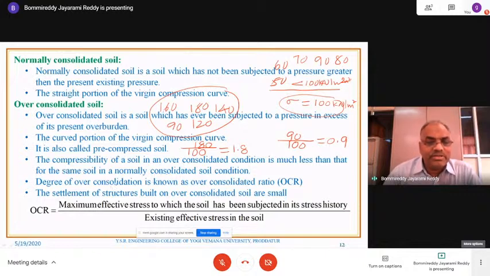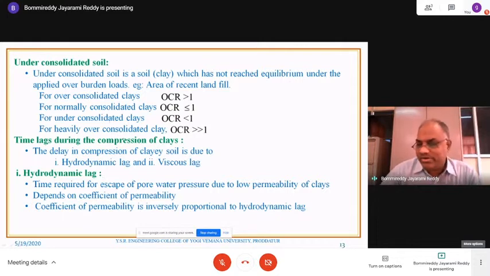So it is always represented by the over consolidation ratio, OCR. If the OCR value is more than 1, it is over consolidated soil. If the OCR value is less than 1, it is normally consolidated soil, and one more soil is under consolidated.